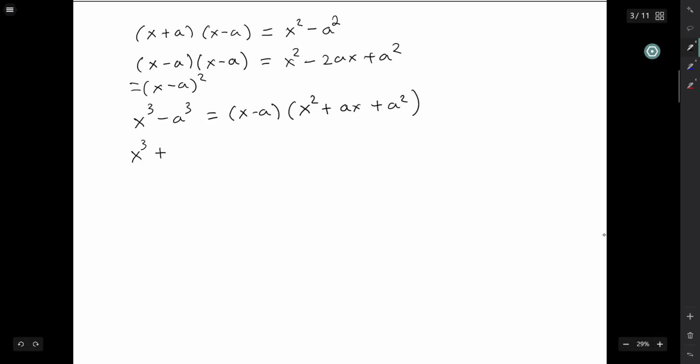So if x cubed plus a cubed, that actually factors out to x plus a here. And in the second part, we have the same parts, but we end up with a minus. So what really changes here is if I've got a minus sign, I'll have a minus, plus, plus. But if I have a plus sign, I'll end up with plus, minus, plus.